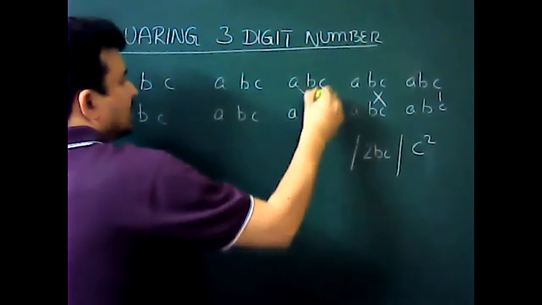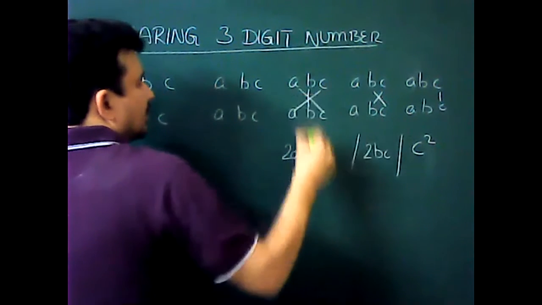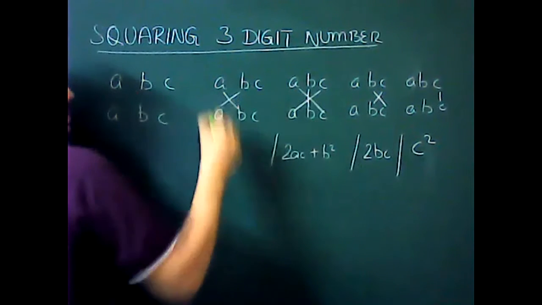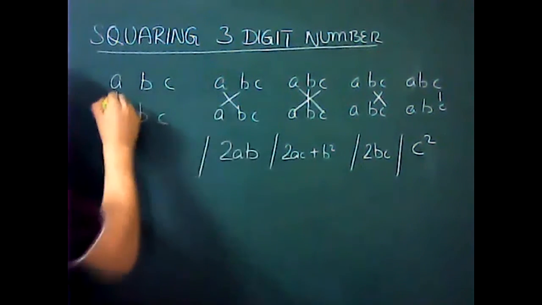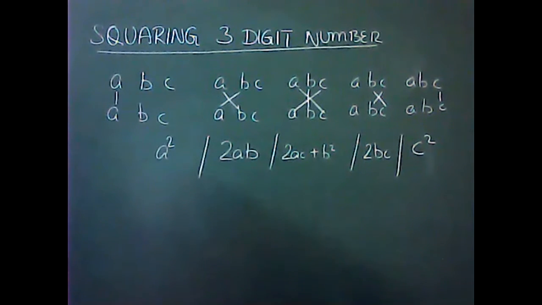Third step is AC plus AC, that is twice AC, plus B square. Fourth step, AB plus AB, that is twice AB. And the fifth step is A square. I hope this is clear.